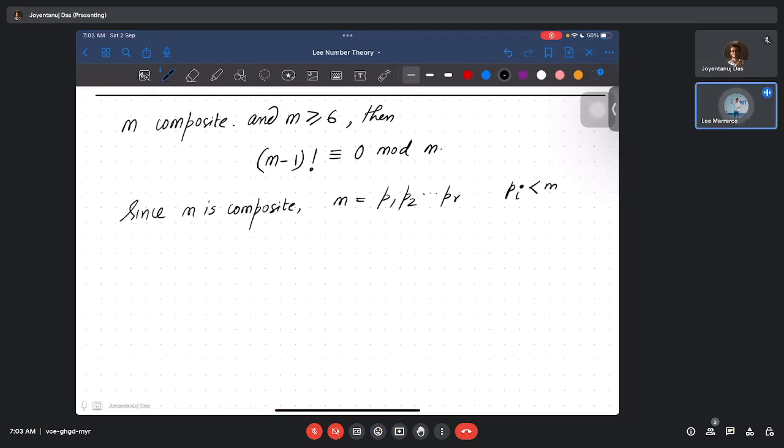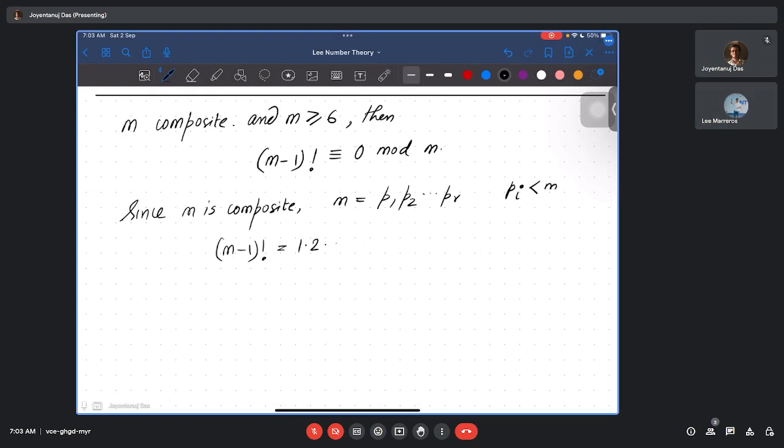Each of the prime factors is less than n. But m minus 1 factorial is nothing but the product 1 up to m minus 1, so all these quantities p1, p2, pr lie in the product.